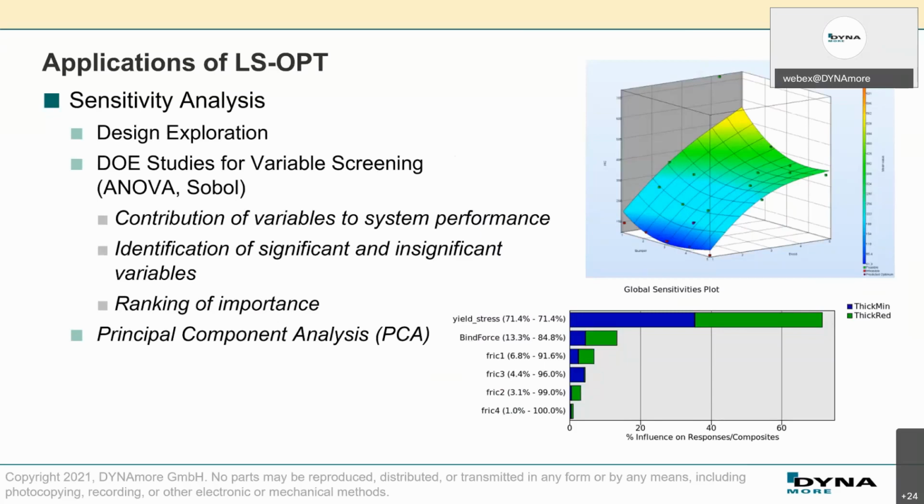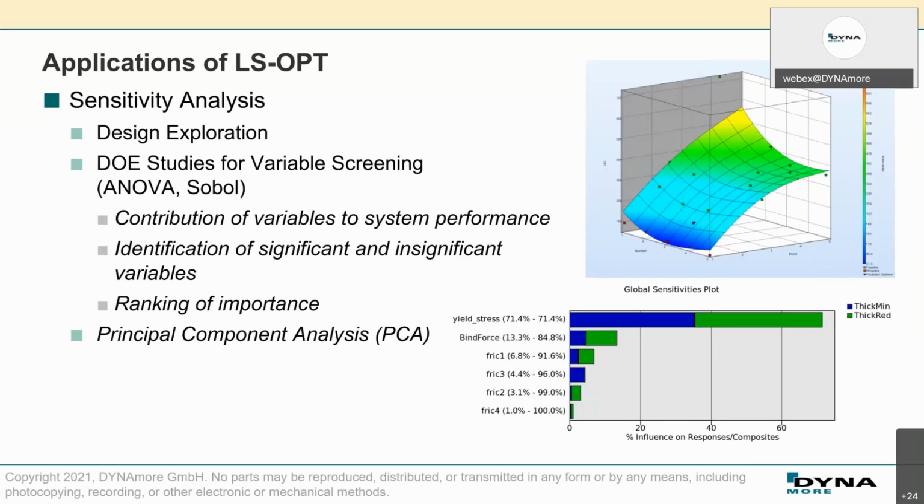So for large optimization problems with many possible parameters, it's quite common to first run a sensitivity analysis, for example, to find the most important parameters and then reduce the set of parameters for the optimization.